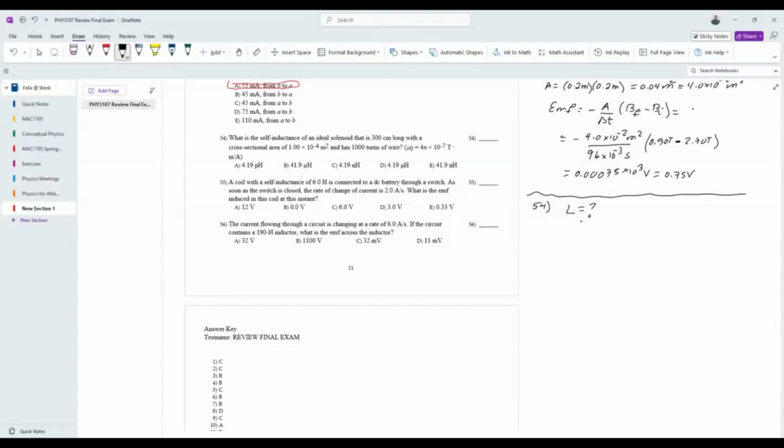When you have an inductor, what characterizes an inductor is the inductance, which is just defined by the letter L. This self-inductance, exactly like the capacitance, depends on the geometry of the inductor.